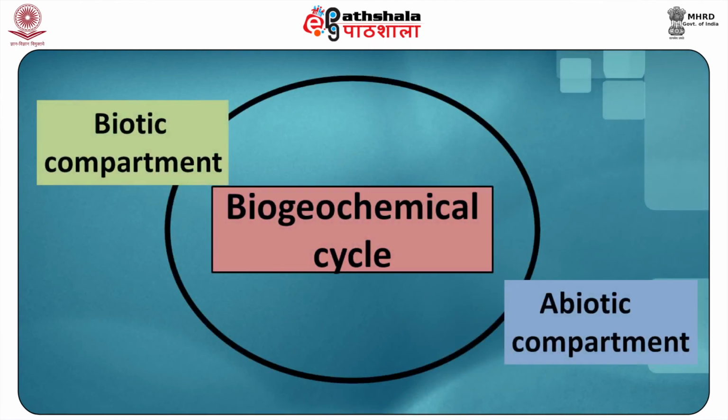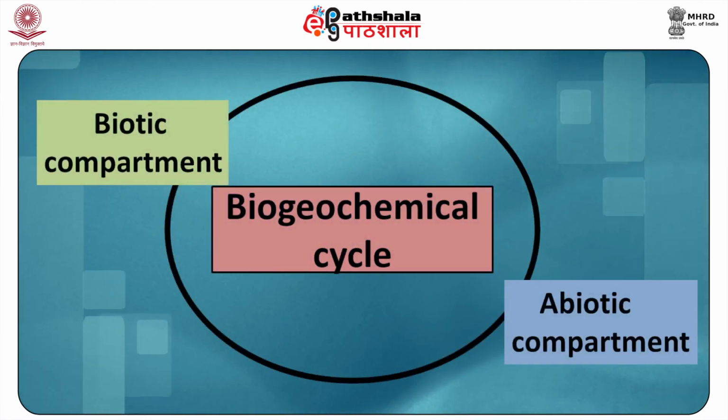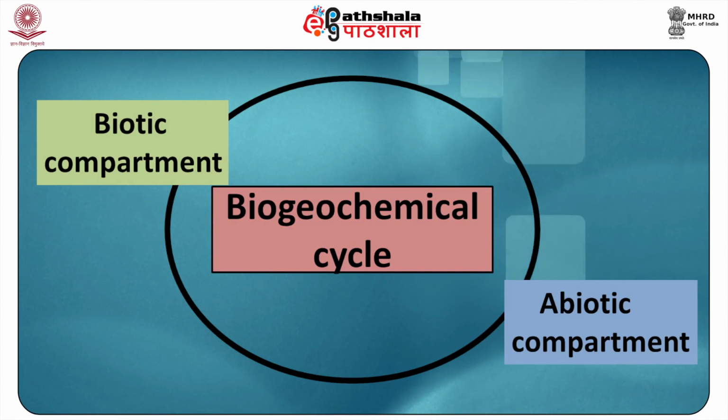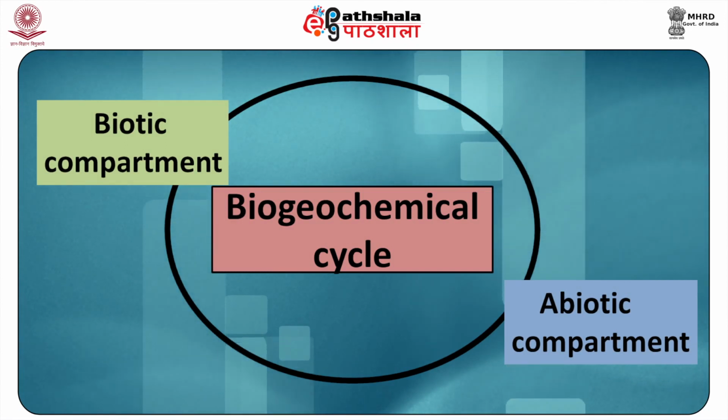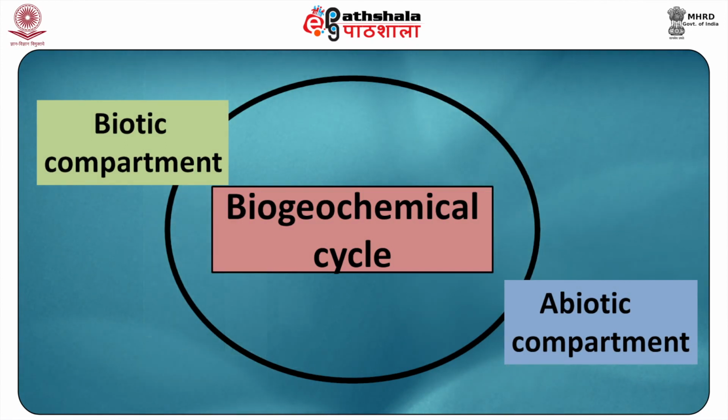So, basically, a biogeochemical cycle is a cyclic pathway through which any chemical element moves through the biotic, that is the plants, animals, etc., and the abiotic, that is the geological compartments of Earth. It connects the living with the non-living.